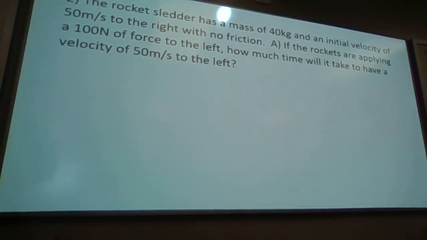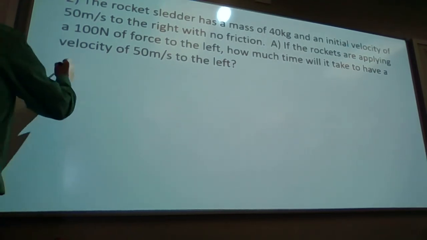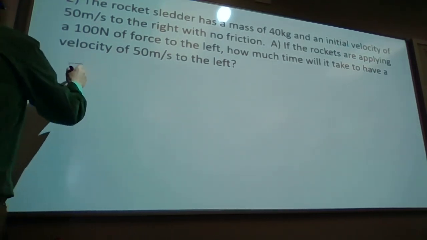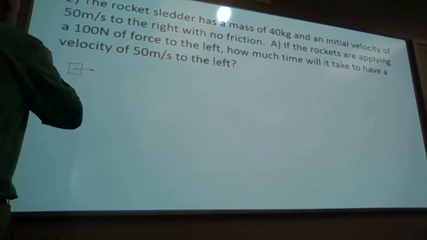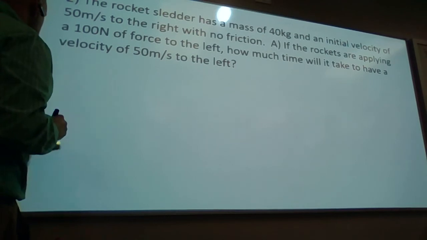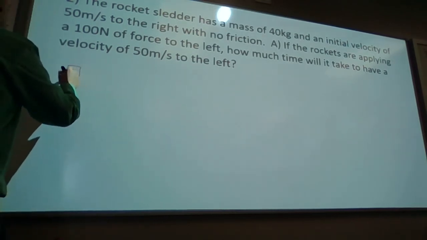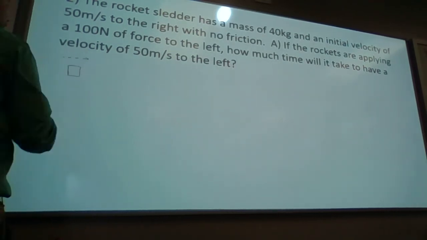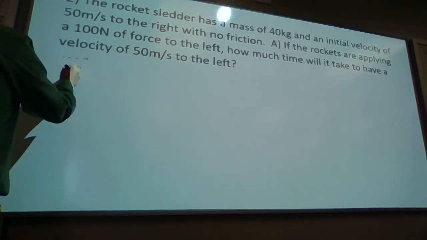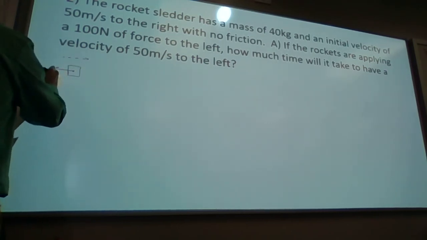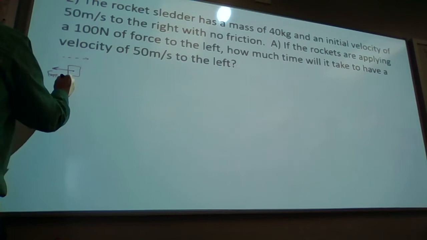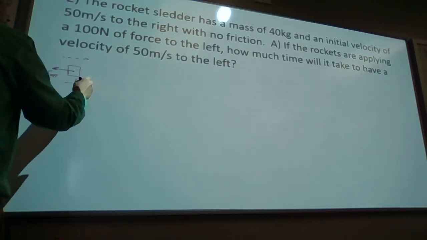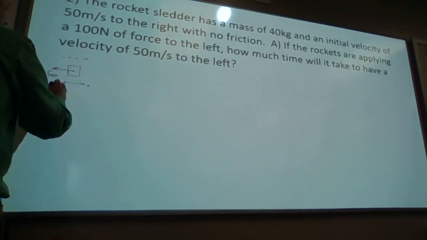Okay. So my free body diagram is going to be, nope, that's good. It's moving to the right, but the force is acting to the left. I'm going to make the way it's moving initially the positive direction. I don't have to.